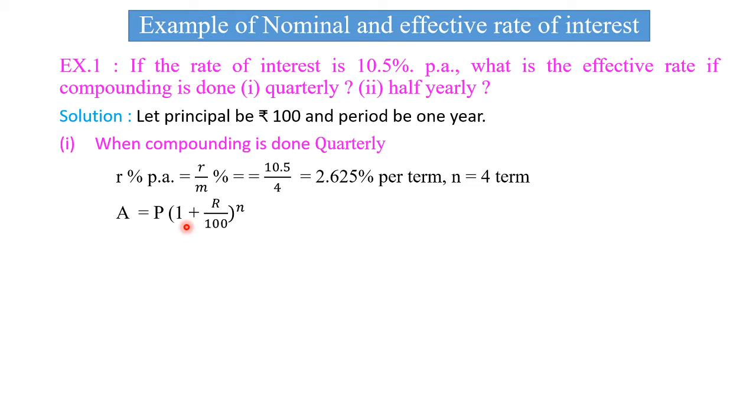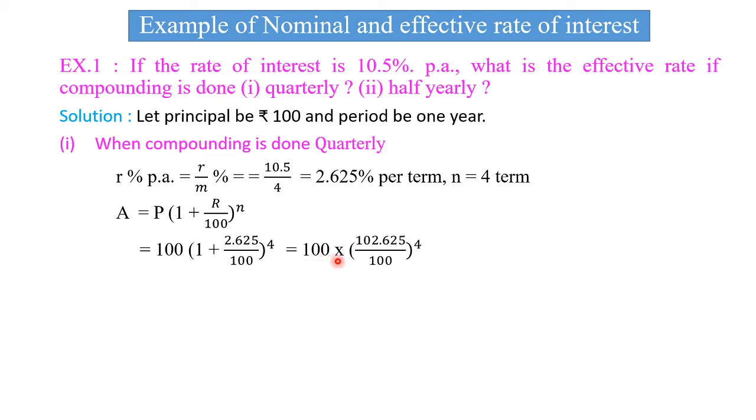Formula: A is equal to P in bracket 1 plus R divided by 100 bracket raised to n. Put this value in this formula, and we get P is equal to 100 because we take principal be 100. 1 plus 2.625 divided by 100 bracket raised to 4.